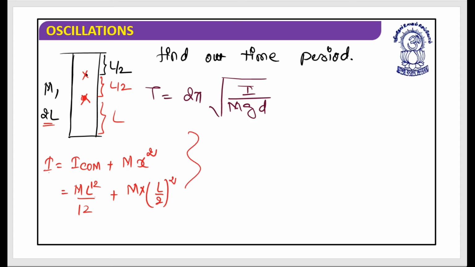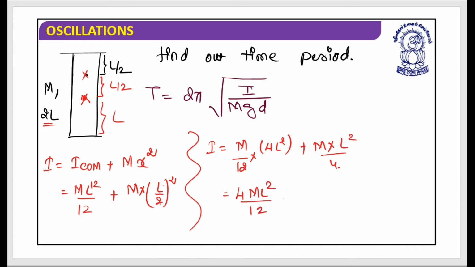So I equals m by 12 multiplied by L dash square, where L dash is 2L, which gives 4L square, plus m into L by 2 whole square, which is ml square by 4. So this is 4ml square by 12 plus ml square by 4, which is 7 by 12 m into L square. This is the moment of inertia.